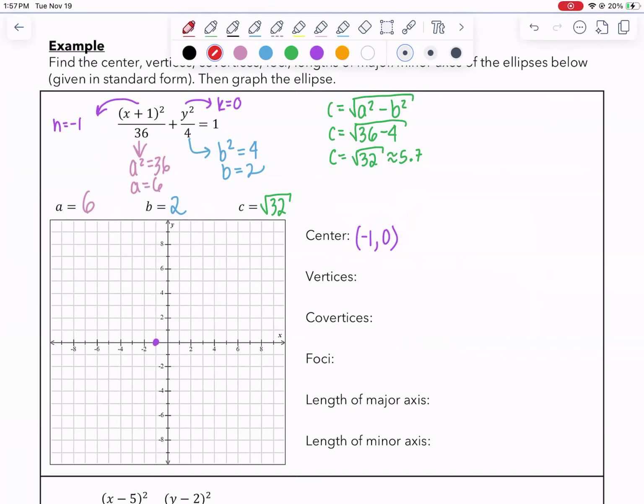The bigger number is under the x, which means the x-axis is the major axis, which means that the vertices and the foci will be left and right of the center.